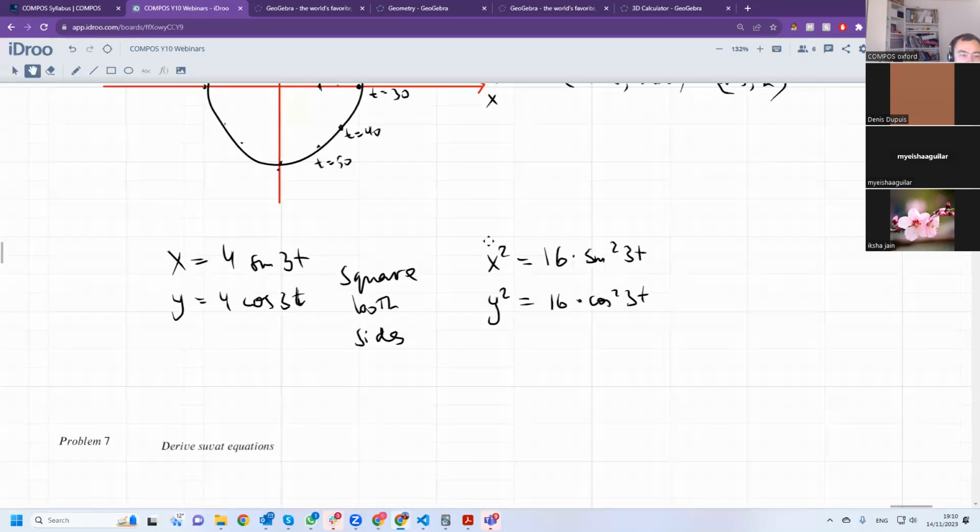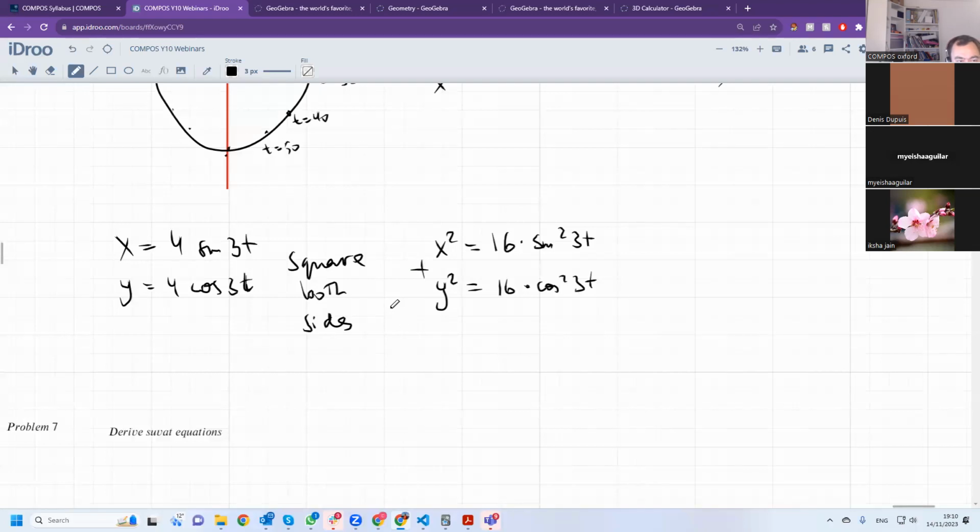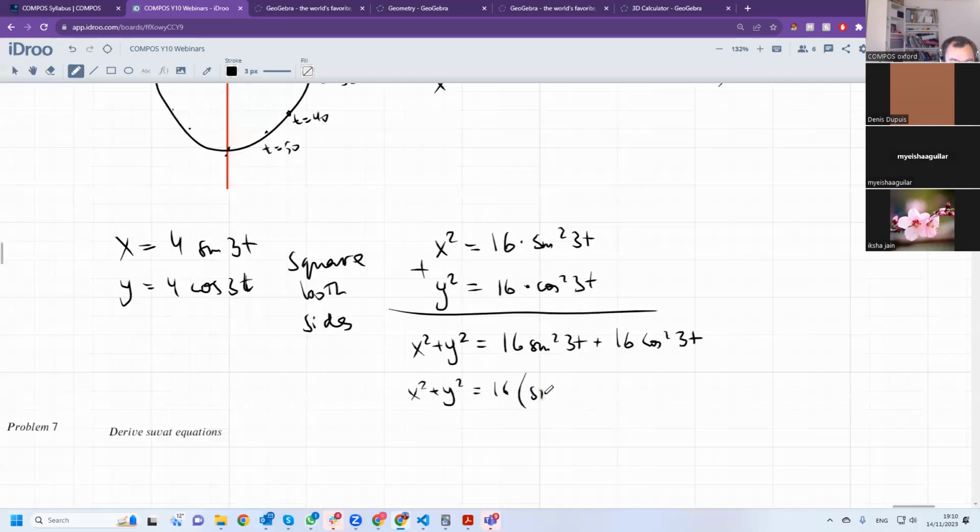Now, if you add the two equations together, we get x squared plus y squared equals 16 sine squared 3t plus 16 cos squared 3t. So x squared plus y squared is 16, open bracket, sine squared 3t plus cos squared 3t. What is sine squared 3t plus cos squared 3t? It is 1. So x squared plus y squared equals 16. This is an equation of a circle. Are you familiar with the equation of a circle?